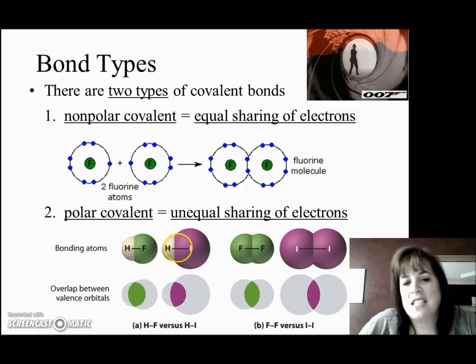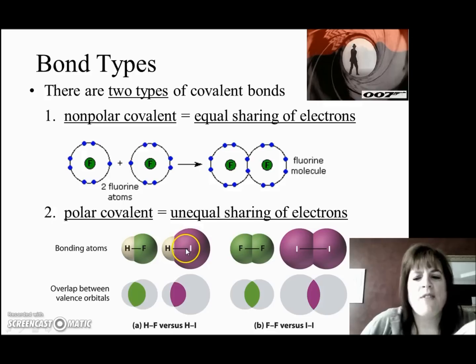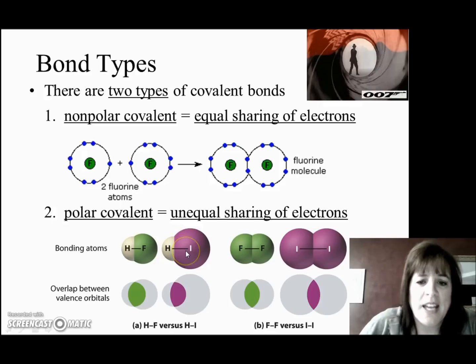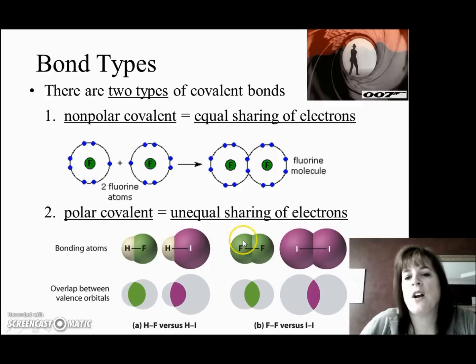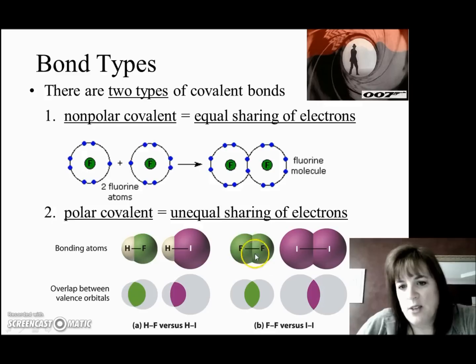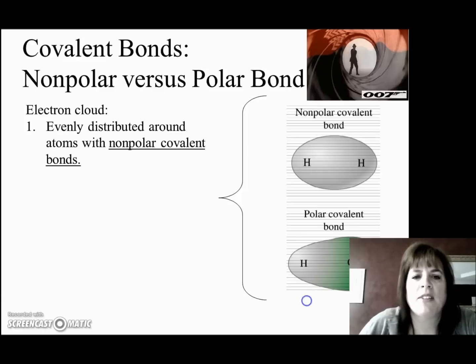So it takes the electron from hydrogen more often than hydrogen gets it from iodine. This is opposed to our nice, symmetric, even, equally distributed nonpolar covalent molecules, which occur anytime a molecule is bound to itself. You'd share with yourself pretty well, wouldn't you? So let's talk about this a little more.